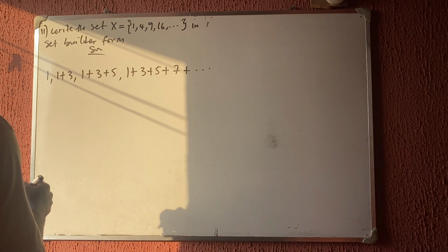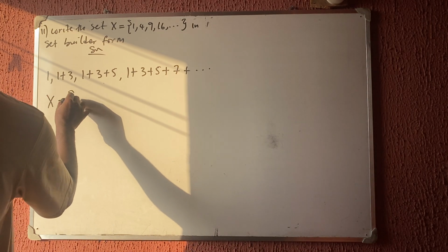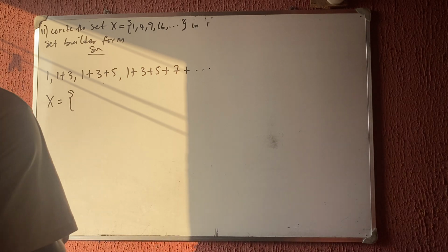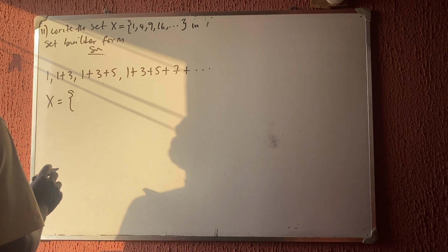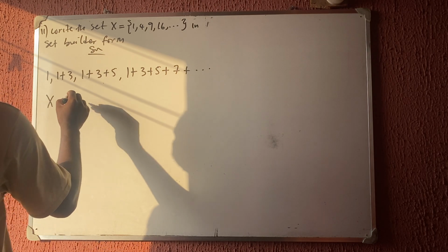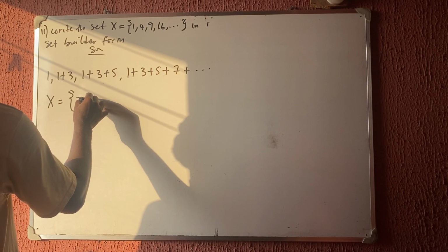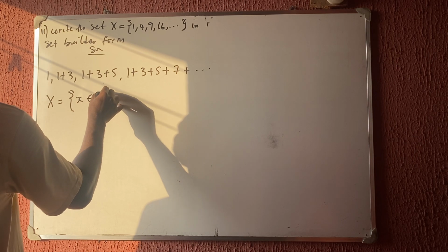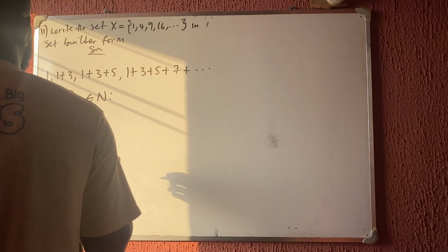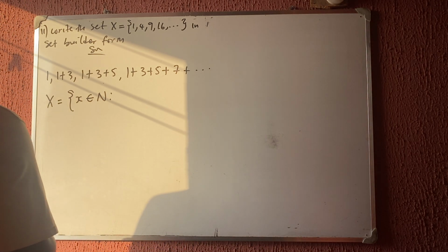Now this set is gotten by x, which is an element of the natural numbers, such that... how do I put this?